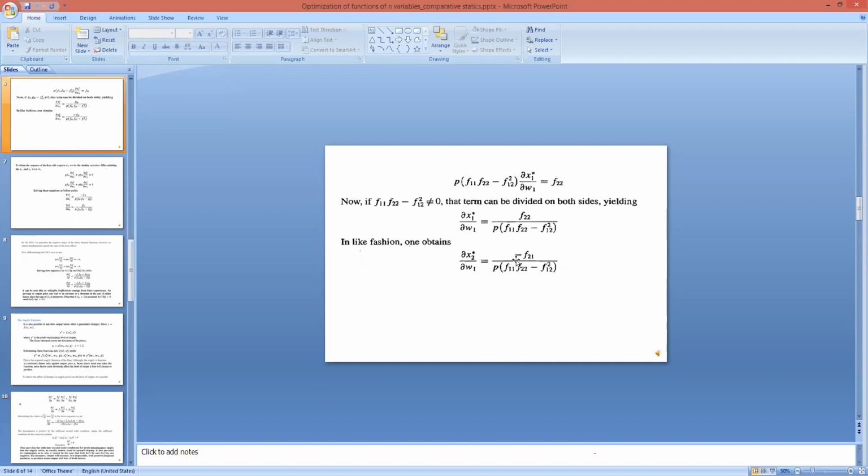Now, if you remember, it is the profit maximizing exercise and the second order sufficient conditions ensure that F22 should be negative and F11 F22 minus F12 squared should be positive. So if the numerator is negative and the term in the denominator is positive, and P is always positive because it is the price of the commodity, this entire thing will be negative.